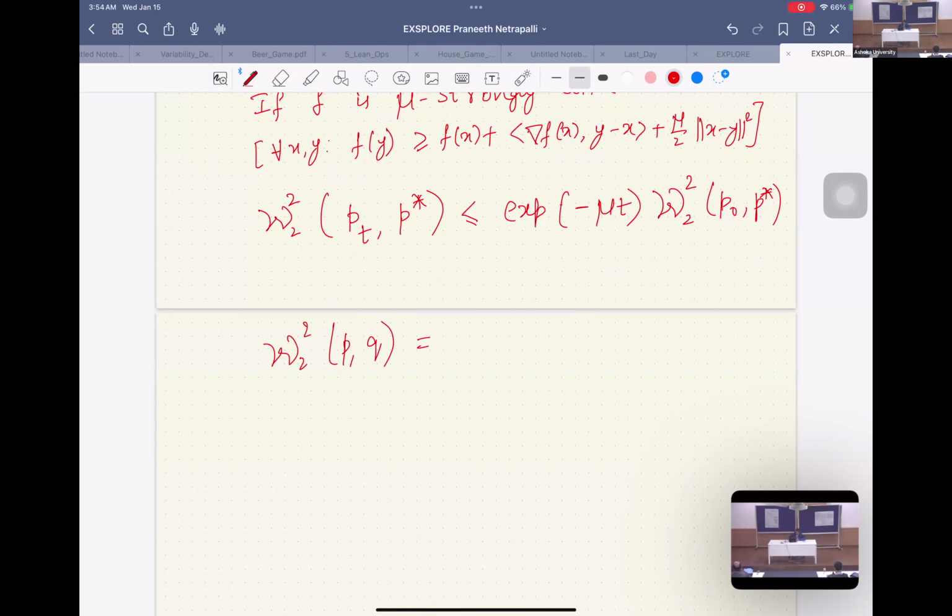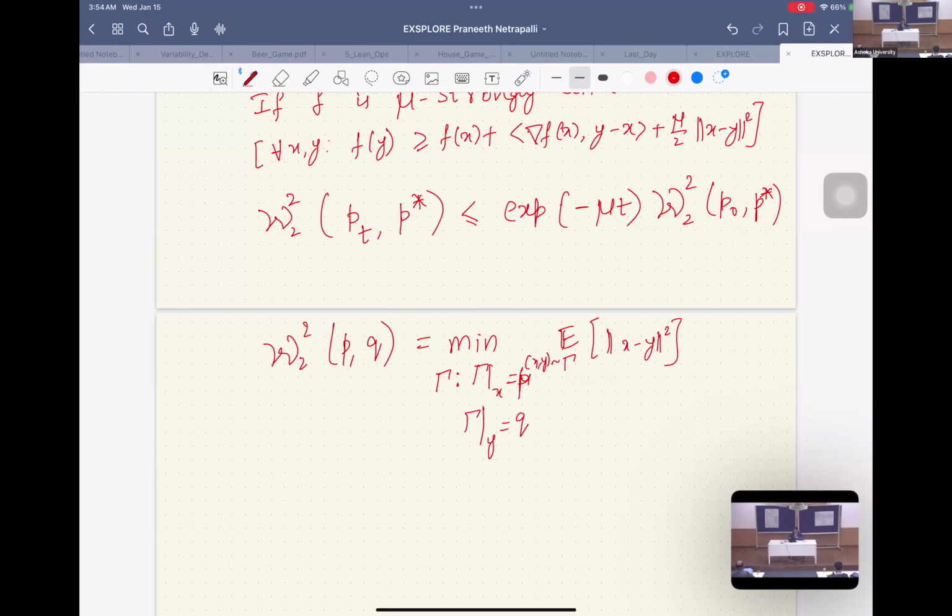Between two probability distributions P and Q, it is the min over gamma, where gamma is a distribution over two R^d variables, with gamma restricted to X equal to P and gamma restricted to Y equal to Q, of the expected value under gamma of norm X minus Y squared.